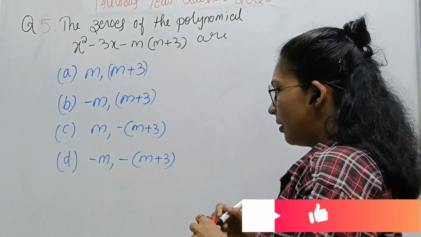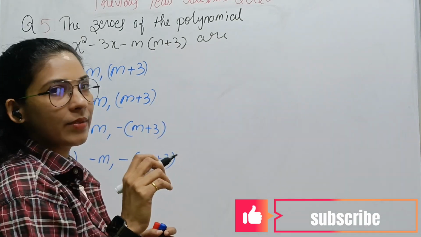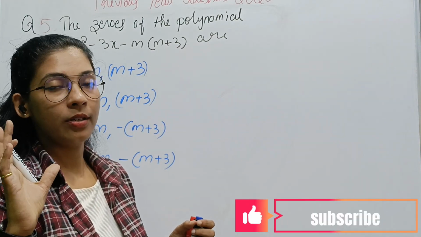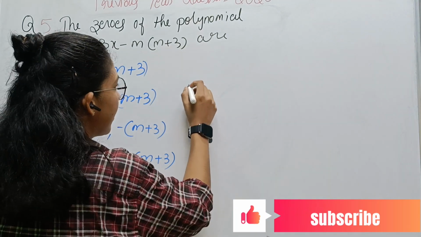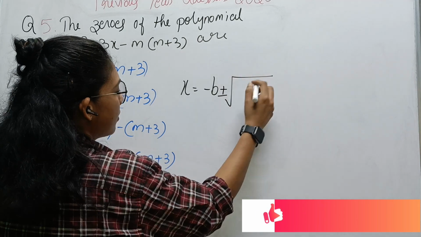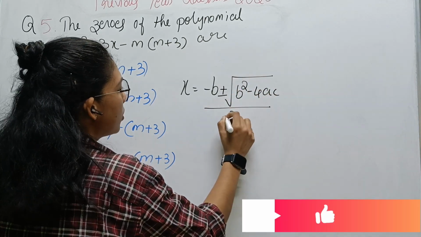And dear children, we have an equation. So there is an expression for finding the value of x in a quadratic equation: x is equal to minus b plus or minus square root of b square minus 4ac upon 2a.